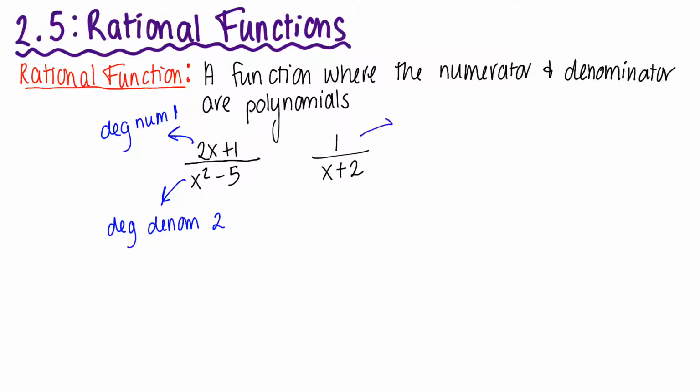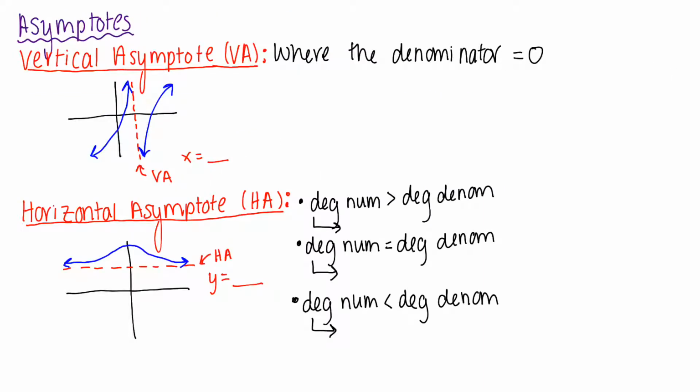For this guy over here, there's no x in the numerator, so the degree of the numerator is 0. And in the denominator, the highest power on x is just a 1. So the degree of the denominator is 1. So in both of these cases here, the degree of the numerator is less than the degree of the denominator. But you could have situations where the degree of the numerator is greater than the degree of the denominator, or they could be the same degree, and we have rules for each of them.